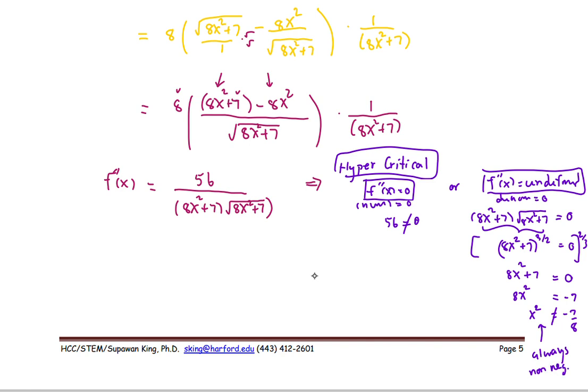So in this case we do not have a critical point for the second derivative. And if there is no such point, that means there is no inflection point.